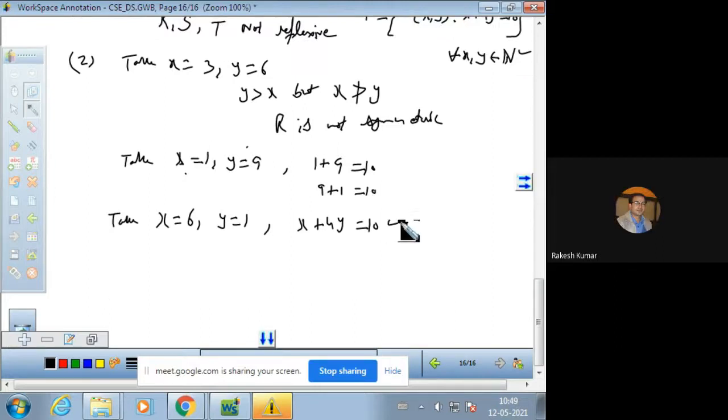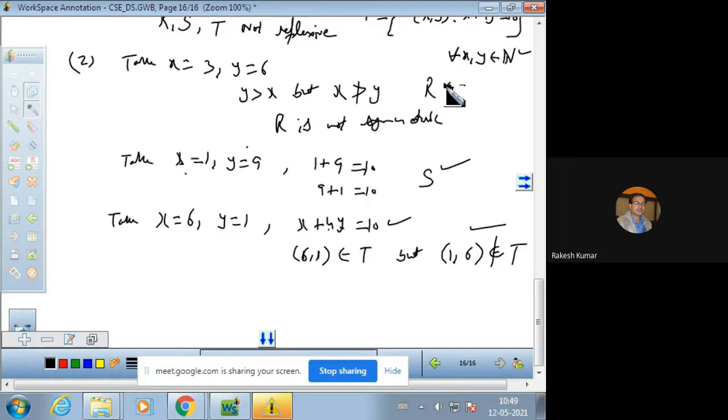It means (6, 1) belongs to relation T, but (1, 6) does not belong to T. Because when you take x as 1 and y as 6, 6 fours are 24 plus 1 is 25. 25 is not equal to 10. So T is not symmetric. S is symmetric, R is not symmetric, and T is also not a symmetric relation.